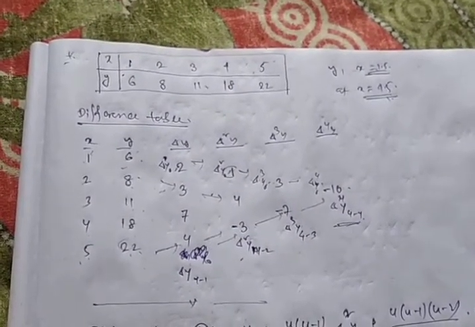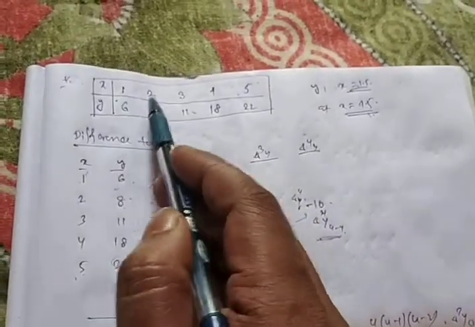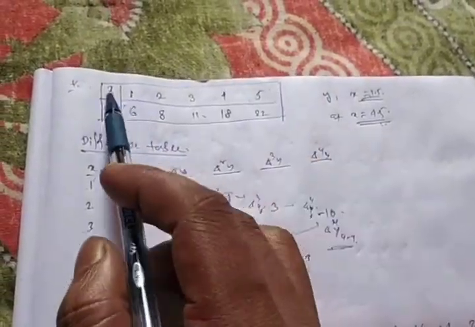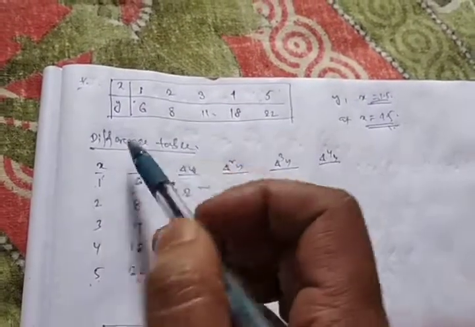And first we have to check that the entries are in equidistant form. Okay, so that's it.